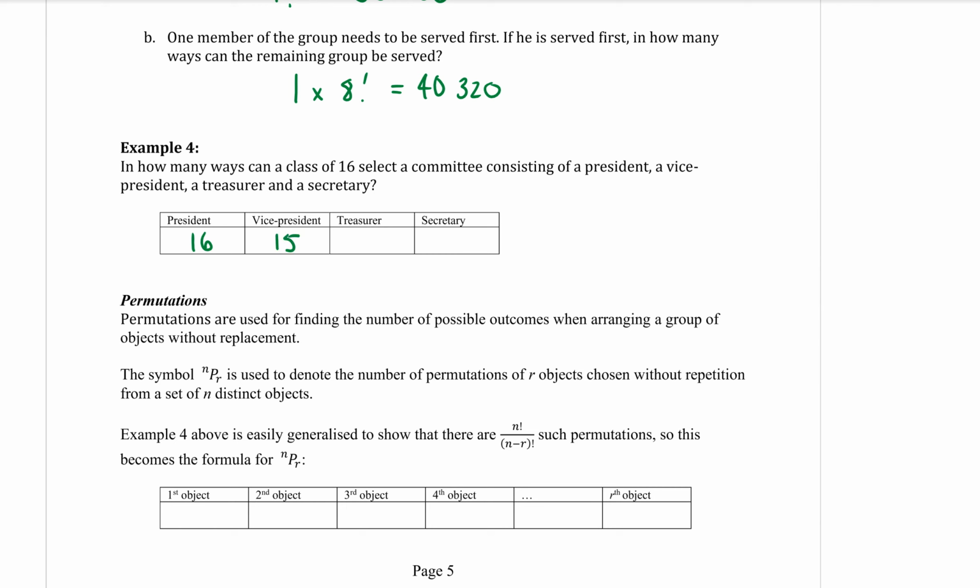And how many for treasurer? 14, and then secretary? 13, because each time one person's been selected, it's going to decrease by 1. I'm just not going all the way down to 1 this time, okay? So this is the multiplication principle. We can do it like that, multiplying those together, and we get 43,680.